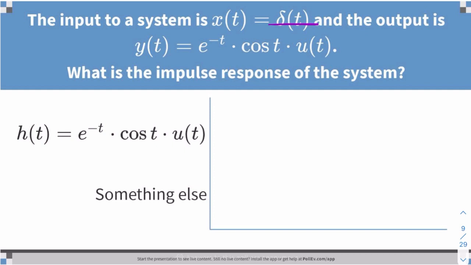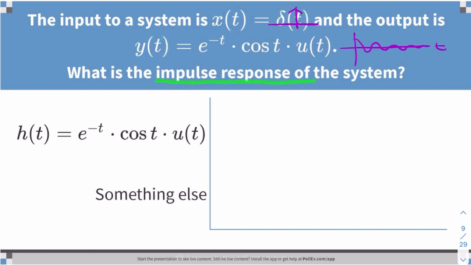So my input is an impulse, and my output is an exponential multiplied by cosine times u of t. That'll probably look something like this. It doesn't matter what it looks like. This is y of t. This is the output when the input is an impulse.